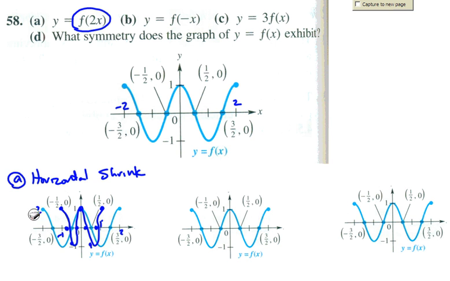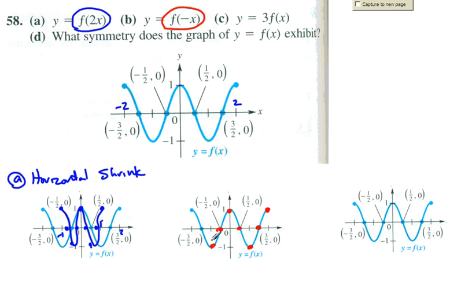All right, let's try the next one. In our next one, we have y equals f of negative x. So that means my x changes sign. So this point lands over here, and this point lands over here, and this one here, and this one here, then this point lands over here.